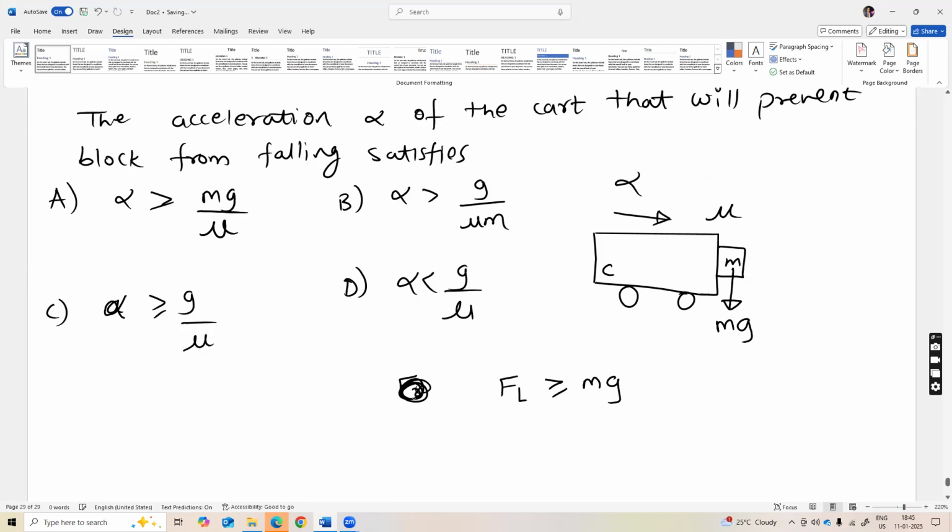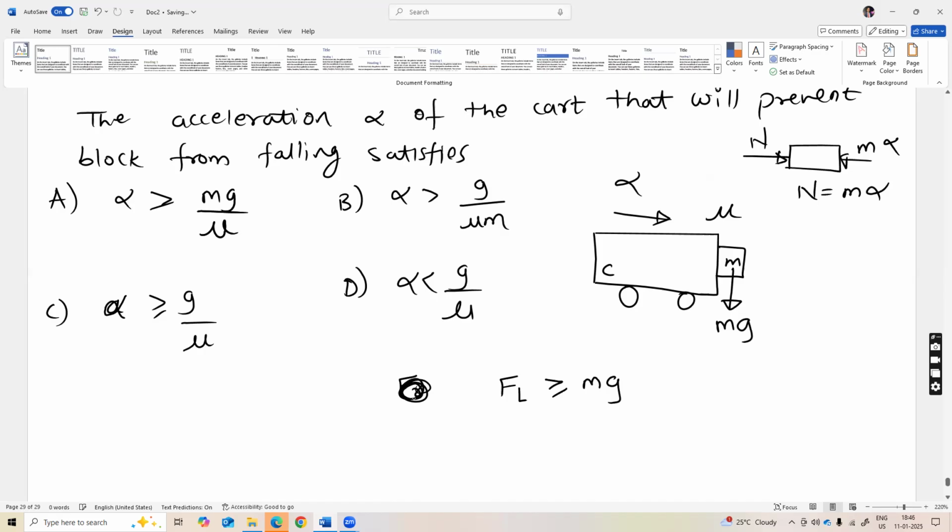Now if you consider this diagram, cart C is there, mass m is there, and both are moving with acceleration alpha. If you apply a pseudo force on this mass, it will be equal to m alpha, and it will act in the opposite direction of its motion. So the normal reaction between these two objects will be equal to m alpha.